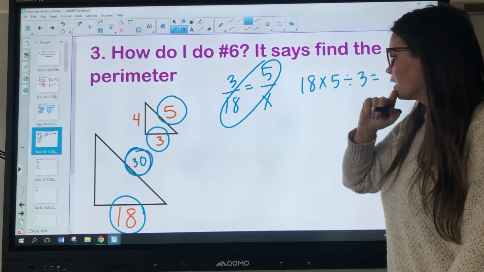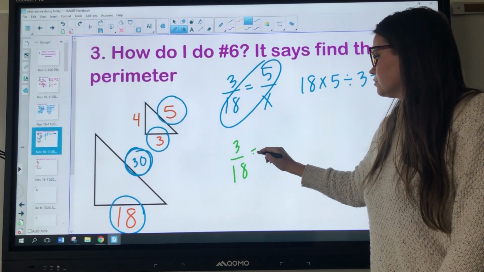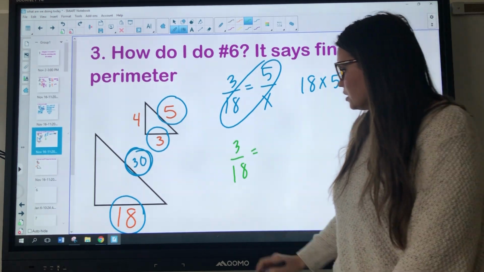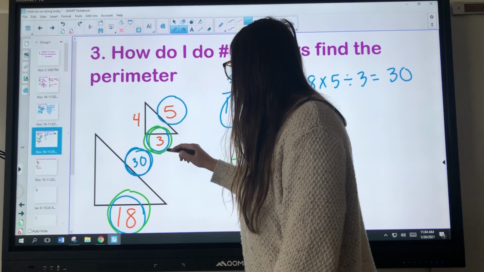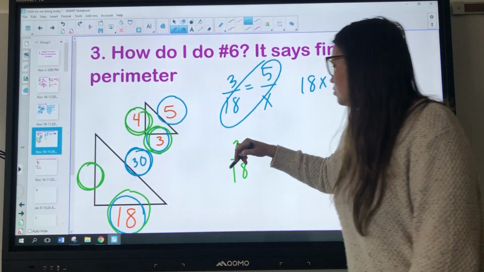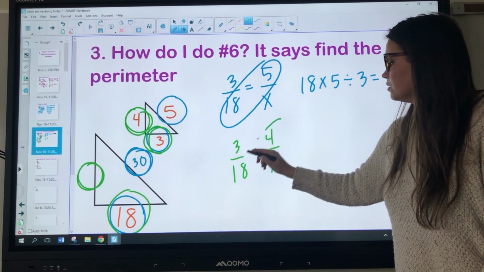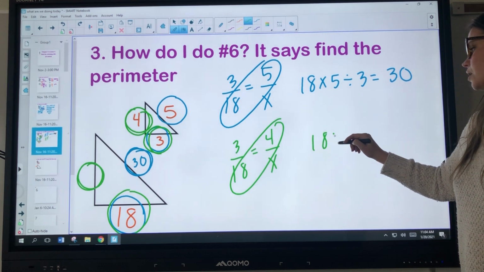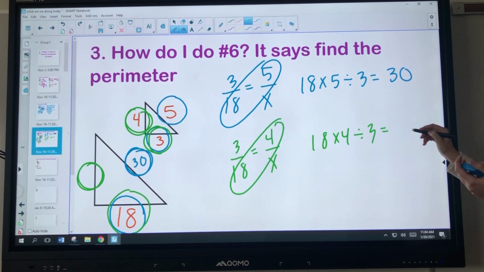Switch colors, now you do it again. You can use 3 over 18 again to find the other side. So the 18 and the 3, and we need to find this side, so we're going to use the 4. 3 was on the top, so the 4 needs to go on the top. 18 times 4 divided by 3. 24.